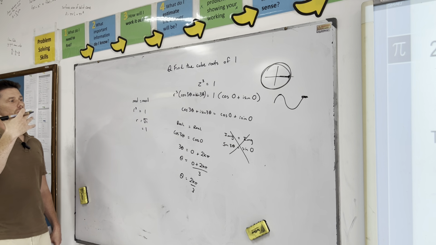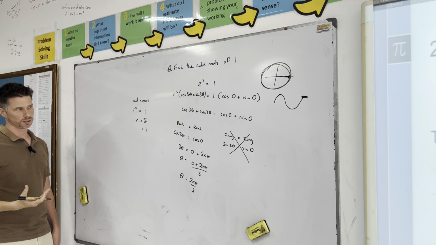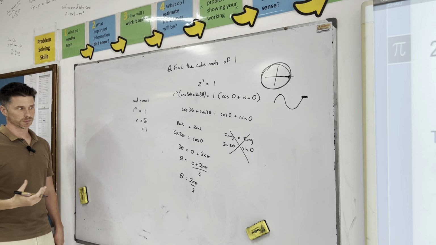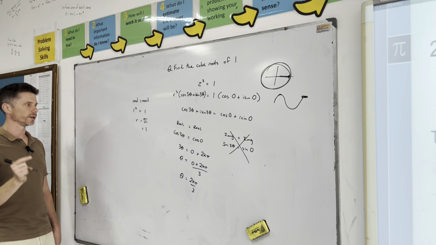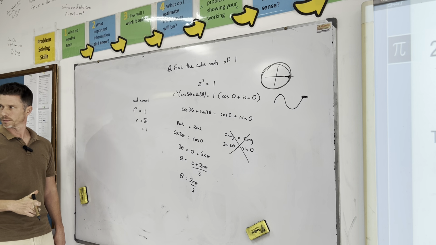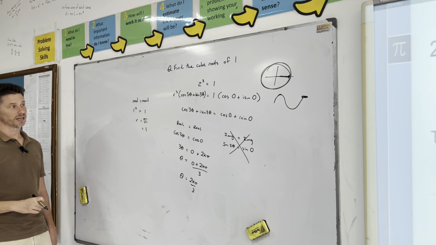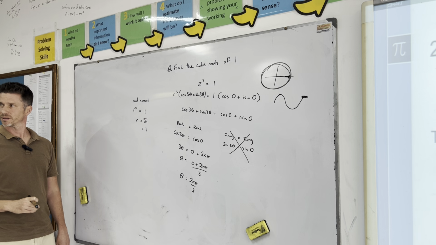This will give us all solutions. We just have to find them now. What do we put in for k? Integers, yeah. Which ones?